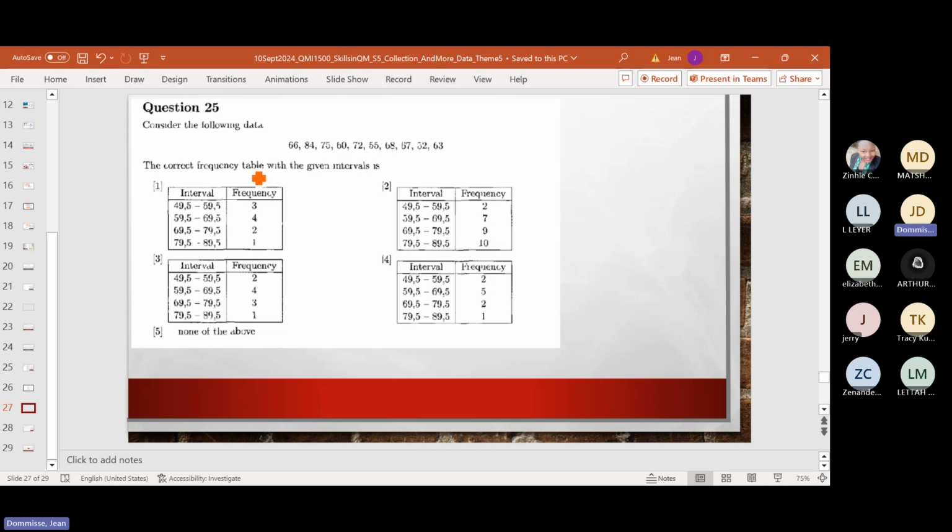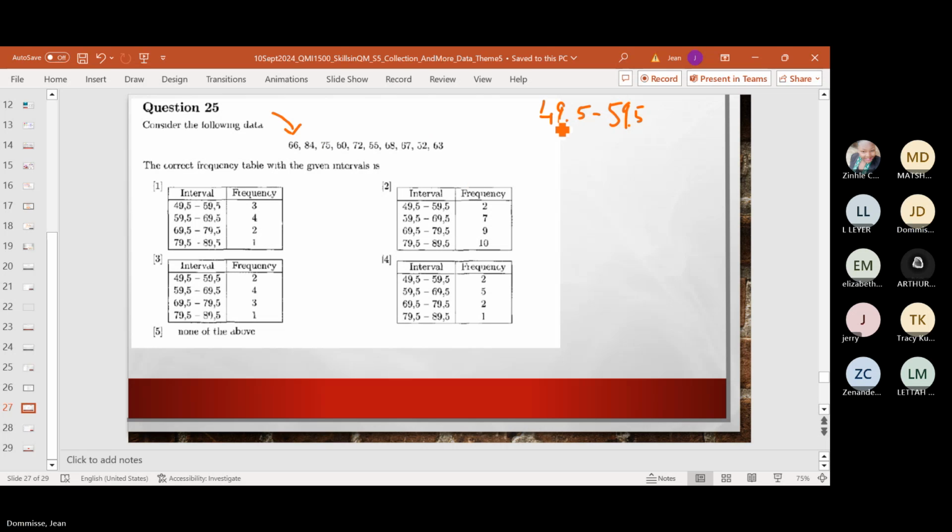Okay, so they give us a data set, and then they ask us which one of these is the correct frequency table. A frequency table is just a summary of the data. How I would do this is I would say, okay, all the frequency intervals are exactly the same. The first one goes from 49.5 to 59.5. I'm not going to summarize all of the data yet.